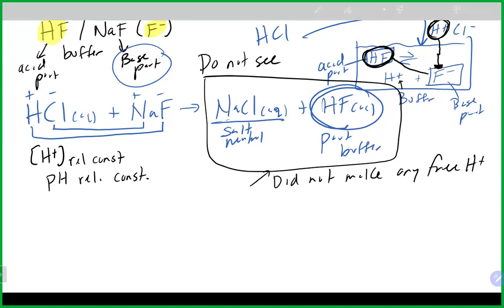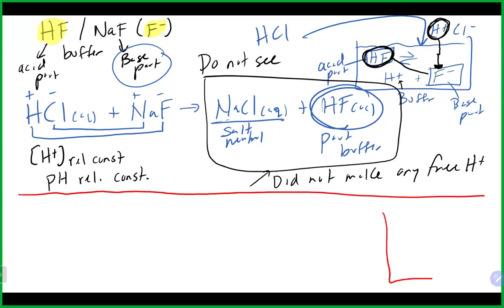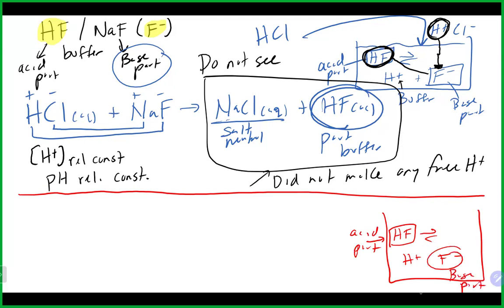Now, what happens if we add the base to this buffer? So let's do the same thing here. So we have our buffer beaker. Again, it's going to set up that equilibrium where we have, again, our acid part of the buffer, our base part of the buffer. And in this case, we're going to add some sodium hydroxide in, which obviously is a source of sodium and hydroxide ions.